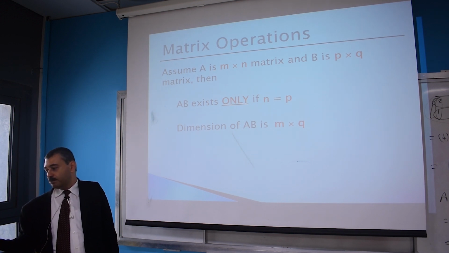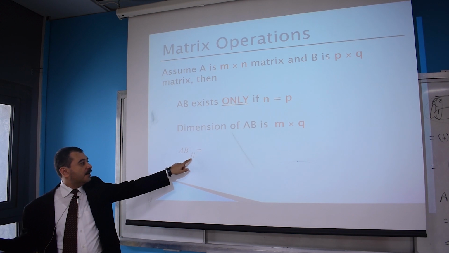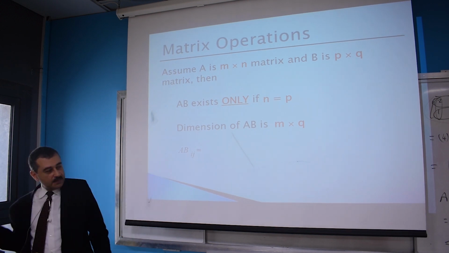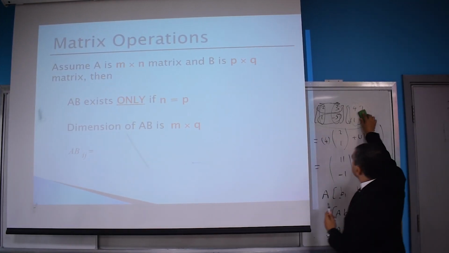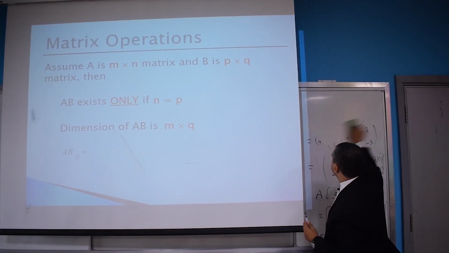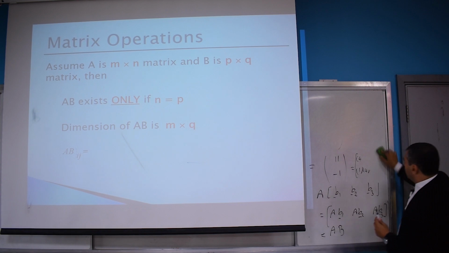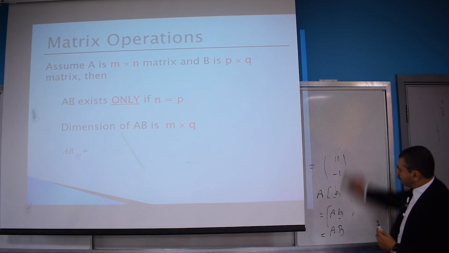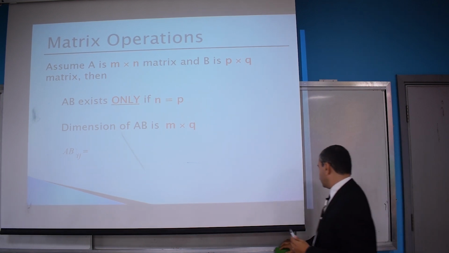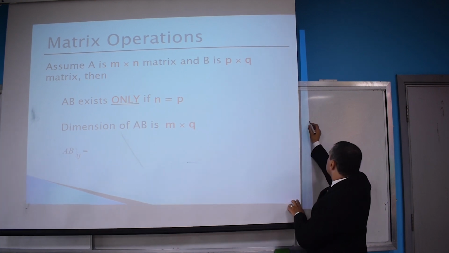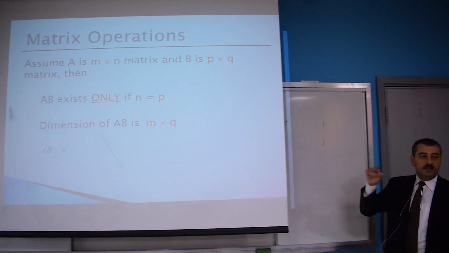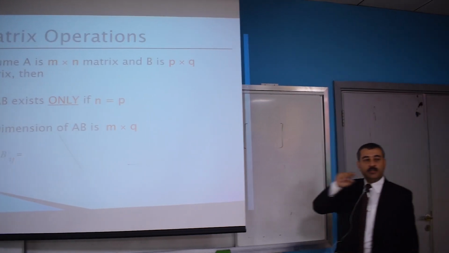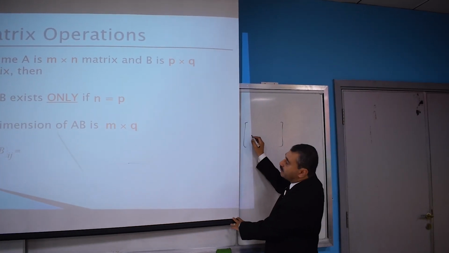Okay, if you want the entry ij, as we said, we do the dot product between row I in A with column j in B. So what are the entries of row I of A? If I want to write it in a symbolic notation, what is row I in matrix A?